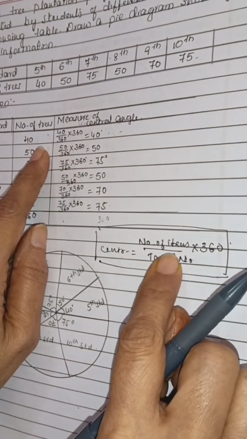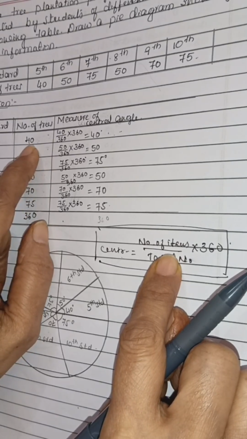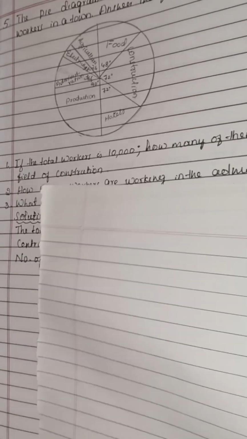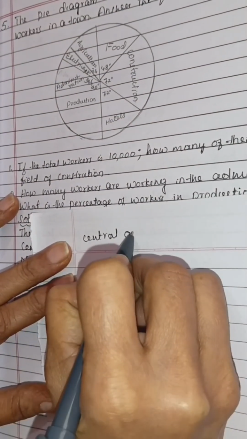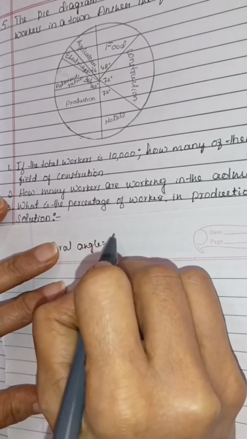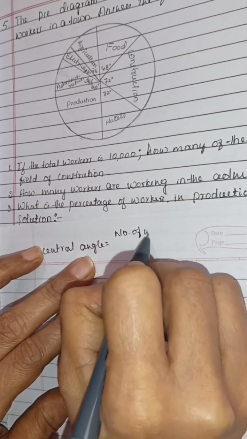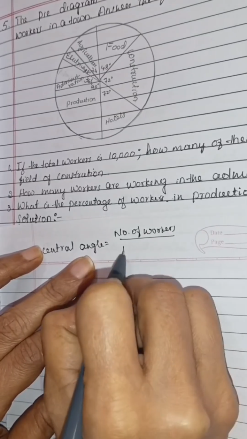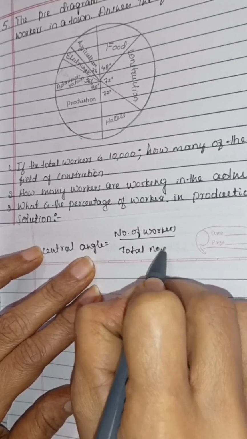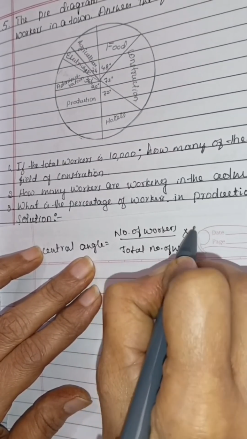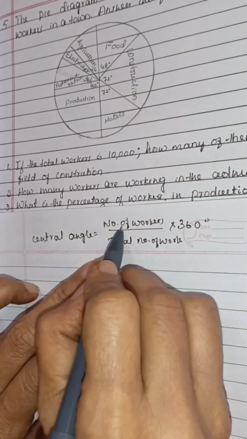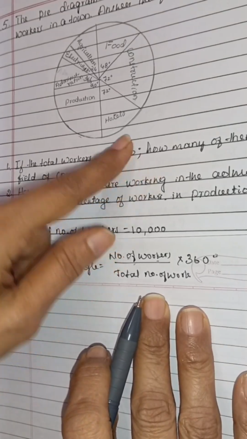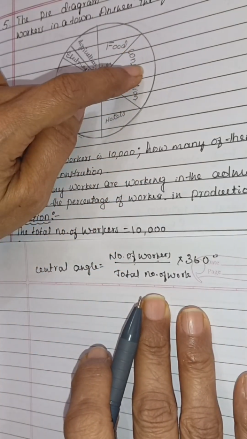Similarly here, the central angle is the number of workers divided by the total number of workers, multiplied by 360. This is a pie diagram, 360 degrees, the measure of the circle. Total number of workers for each sector. Here is the concept.